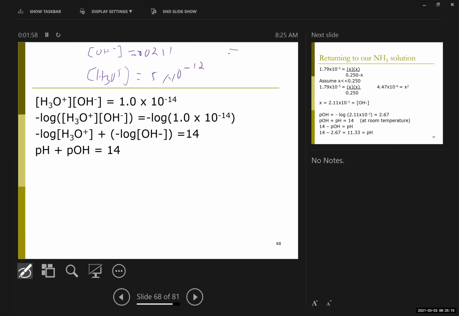Notice, if it was pure unadulterated water, these would be equal.